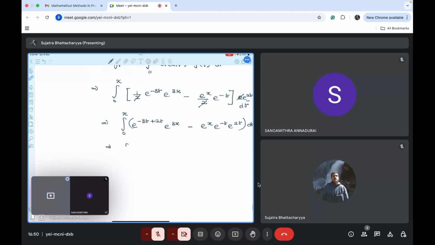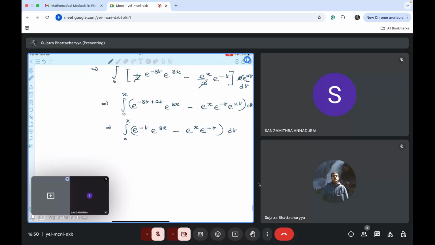Let's go to the next step. Now separately solve the integration. That's all. The e to the power 3x is not going to be integrated because it is in terms of x. Only the t part will be integrated, and the second term will be with a minus sign, from 0 to x.